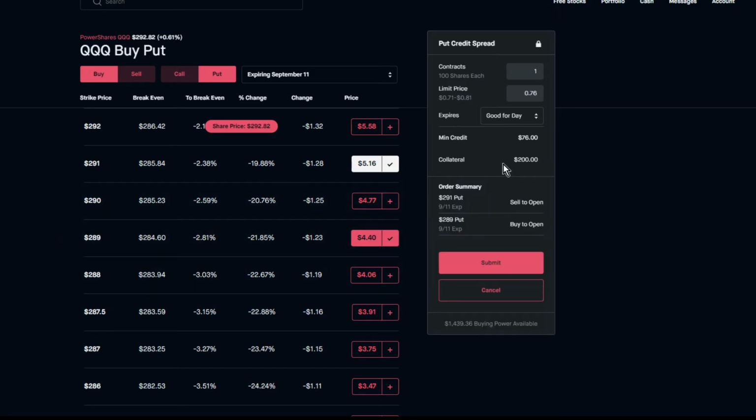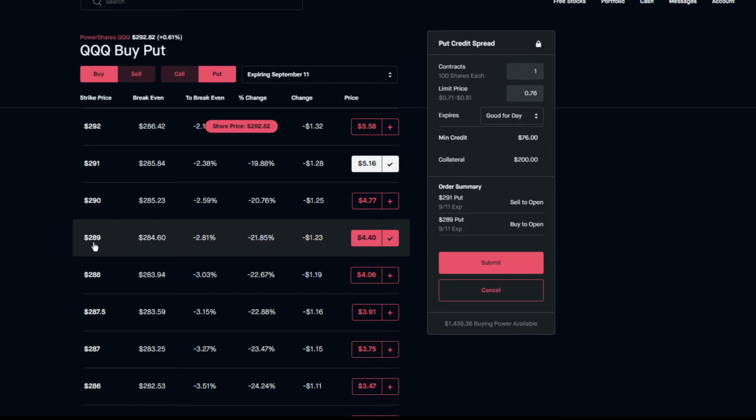So now let's review this order. As you can see here, the collateral would be 200. Keep in mind that if you subtract the credit you'd be getting from that collateral, then the maximum risk would be around 124 instead of the whole 200. But what this means is, if by any chance QQQ was to drop anywhere below the 291, then you start seeing that collateral chipping away.